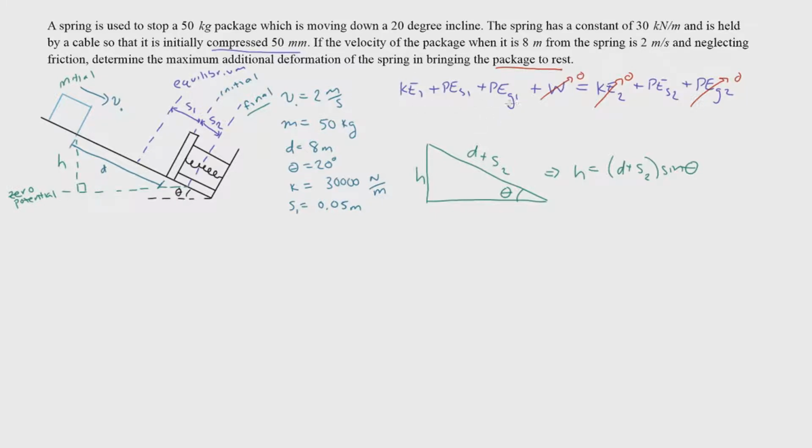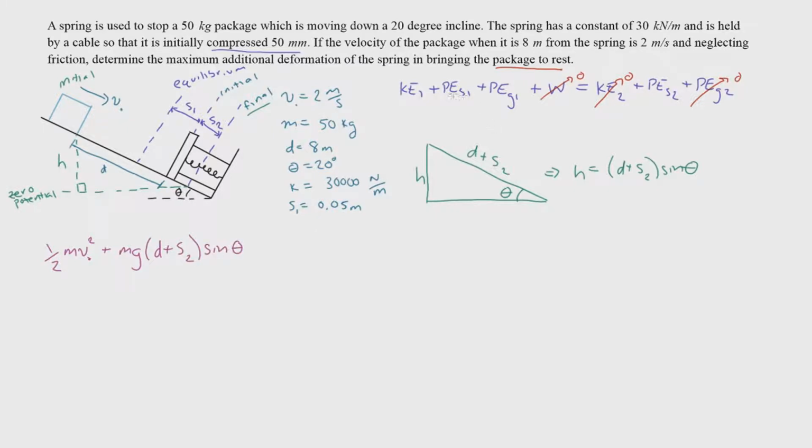So we can just start plugging in our values for these energies. So we're going to have initial kinetic energy, which is 1/2 mv0 squared, plus mgh, and h is defined by this variable right here, so this is going to be d plus s2 times the sine of theta.